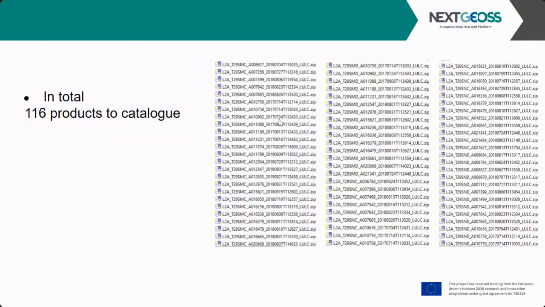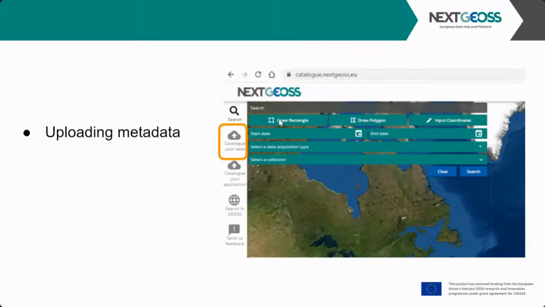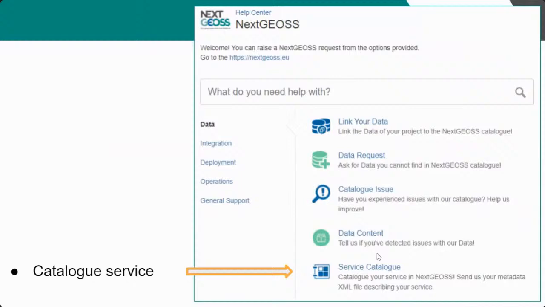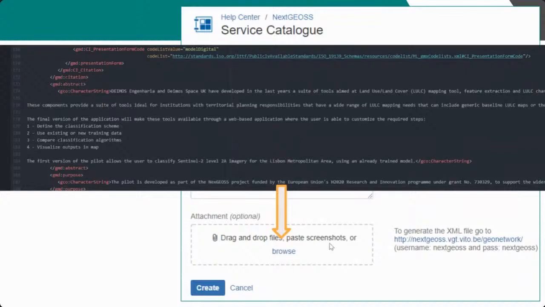So first we started with cataloging the service. We went to the website, to catalog your data, then to the NextGEOSS service desk, to the service catalog. As you saw before in David's presentation, there are several options, but in this case we used this beautiful tool from Vito to generate the XML file.